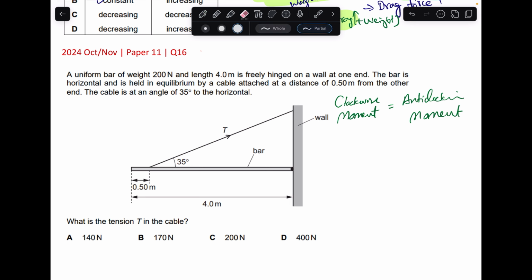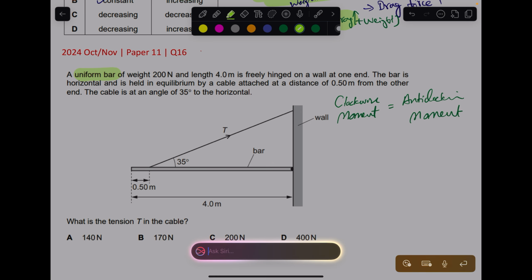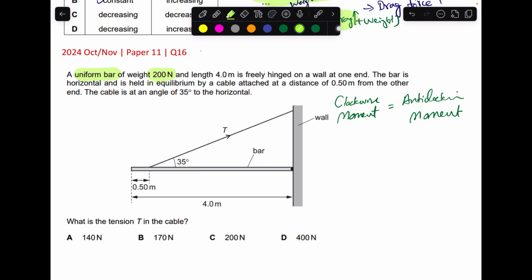As the bar is uniform, its weight of 200 Newton acts at the center. Let's suppose this is the center, there will be a weight of 200 Newton acting. As the total length is 4, this distance is 2.0 meters from the pivot point. This moment will be anti-clockwise because of the weight.